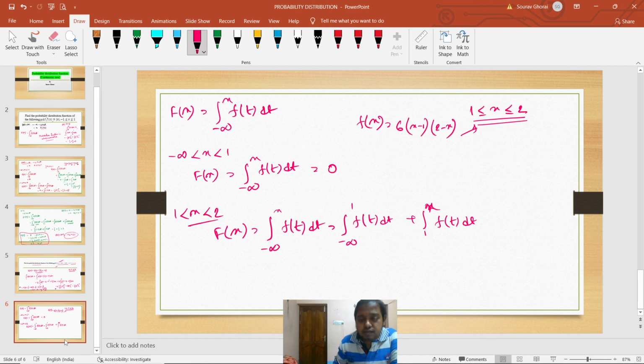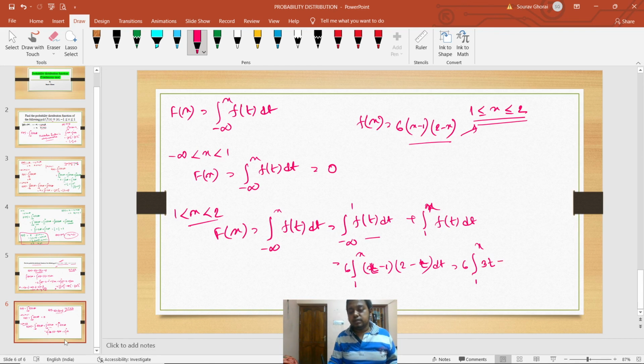The first part is 0, so for 1 to x we have 6 into t minus 1 into 2 minus t dt. So this is 6 into the integral from 1 to x of 3t minus 2 minus t square dt.